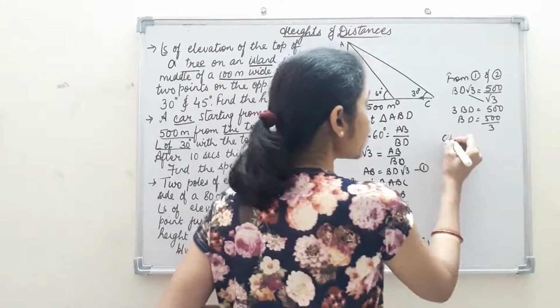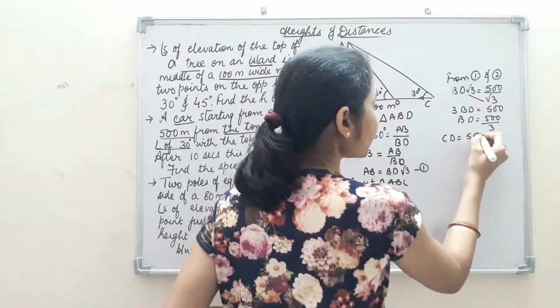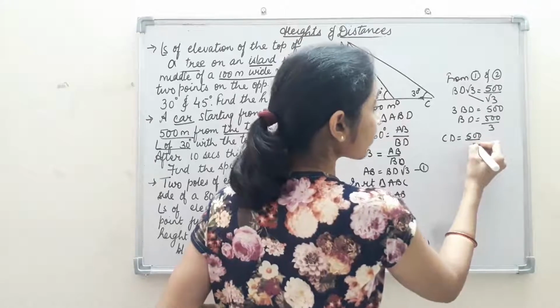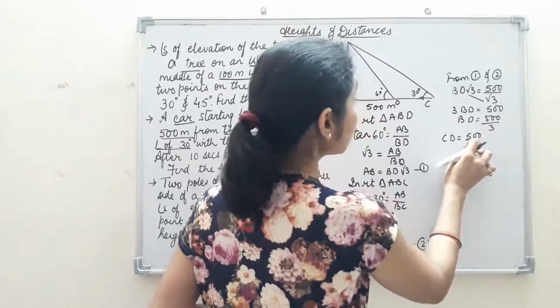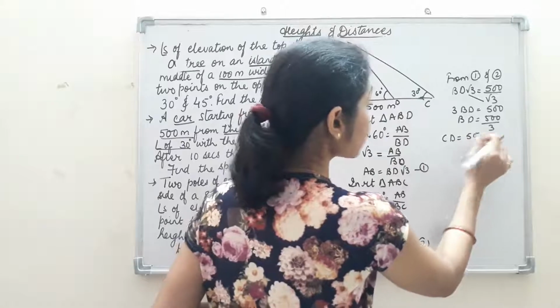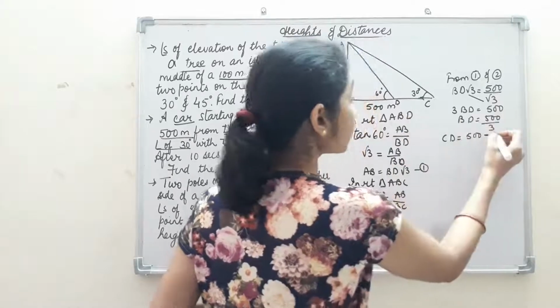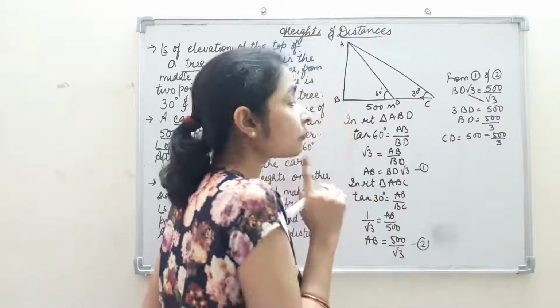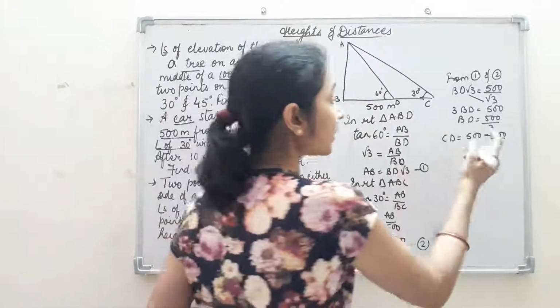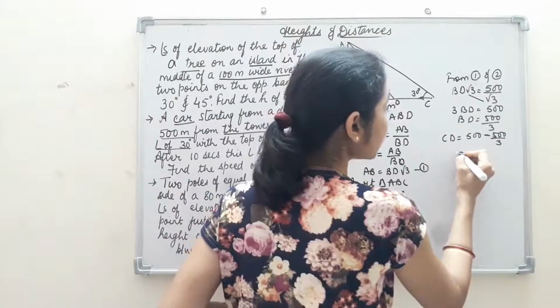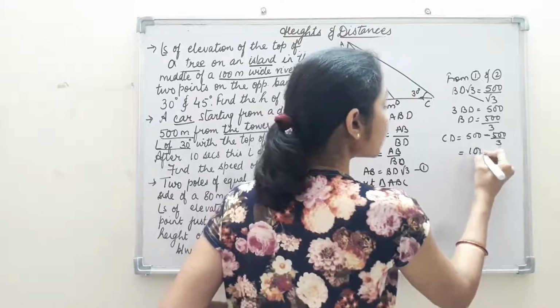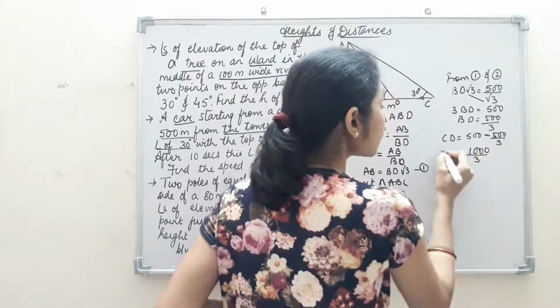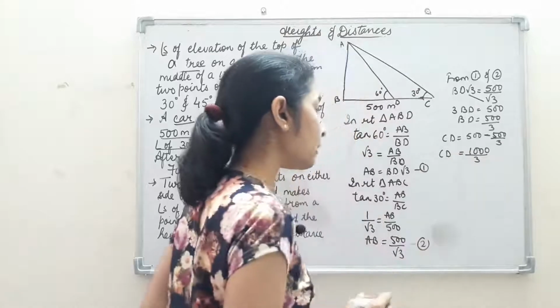So CD is equal to 500 minus BD, that means 500 minus 500 upon 3. When we take the LCM, we get 1500 minus 500, which is equal to 1000 upon 3. So CD is equal to 1000 upon 3.